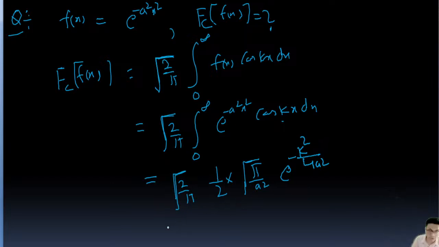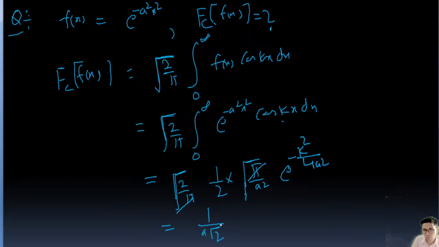So the 2 will get cancelled. Pi will get cancelled, and 2 will cancel with root 2. Root a square is going to be a.